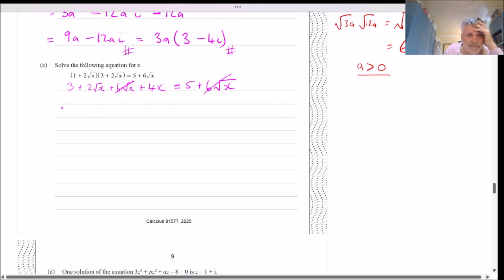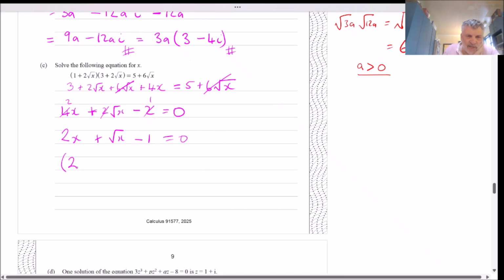It's got 4x here, it's got 2 root x here, plus, and it's got 3 here, minus 5. So that's minus 2 equal to 0. We can divide through everything by 2, and we get a quadratic equation. It doesn't look like a quadratic, but if we take root x as our variable, then this is root x squared.